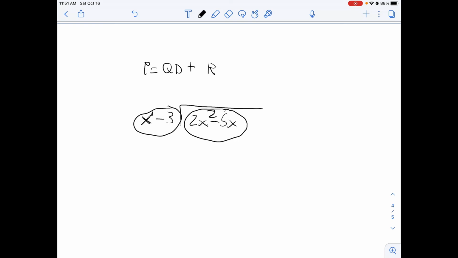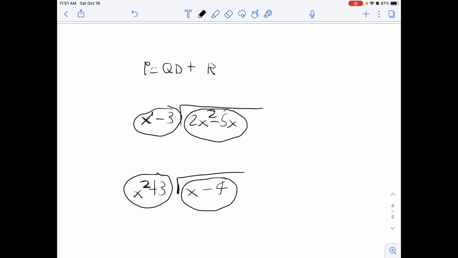But if we were to divide x minus 4 by x squared plus 3, it's impossible because the degree of the divisor, which is 2, is greater than the degree of this polynomial, which is 1. So this is not allowed.